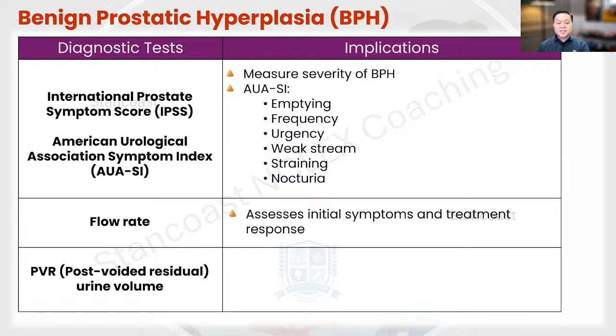But this is really going to measure how much the patient is retaining in the bladder after they attempted to urinate. So for example, maybe the patient was assisted to use the urinal or use the bathroom in a sitting position. Yes, even the males who are really trying hard to urinate sometimes would sit down to allow them to relax.